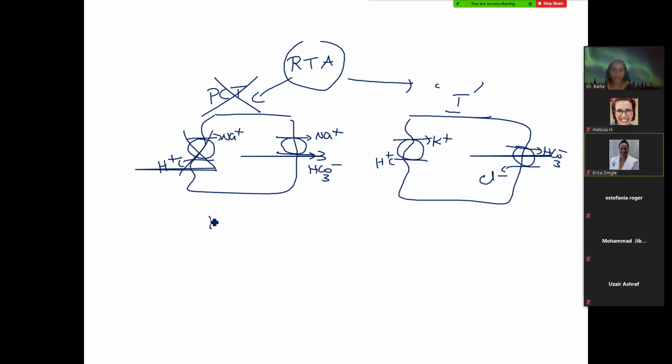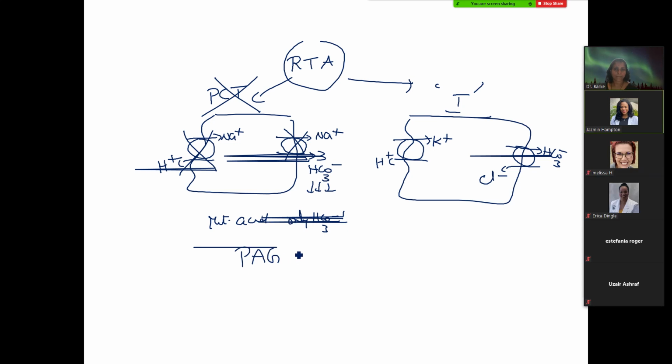It will give rise to metabolic acidosis. This won't work. So what has happened? Bicarbonate alone has decreased. Therefore, what will happen to the anion gap? Increases. Why? Because only bicarbonate decreased. There was nothing to do with chloride. So in this type of renal tubular acidosis, anion gap will increase.